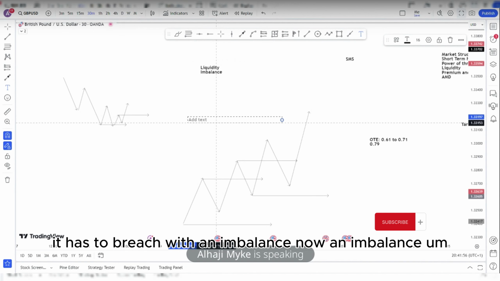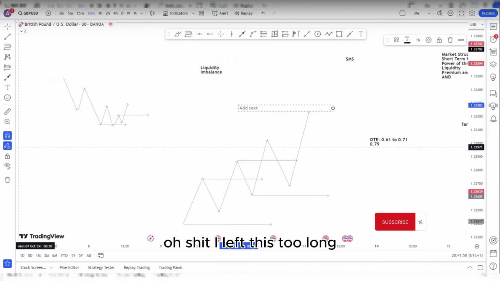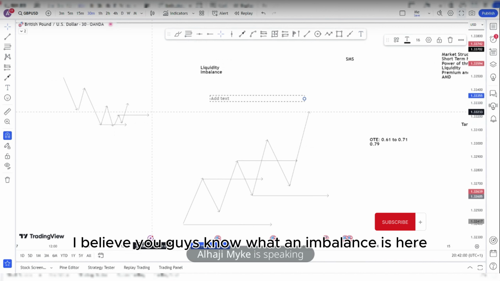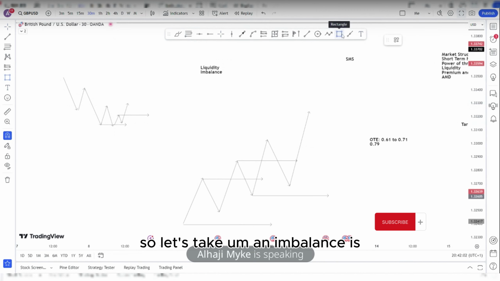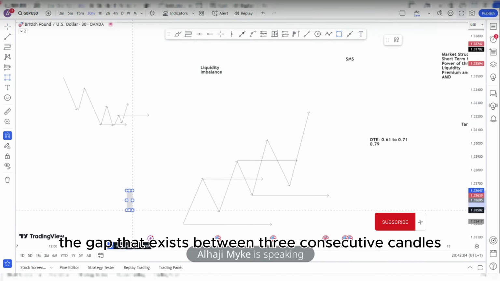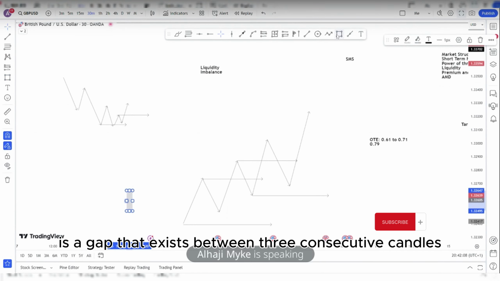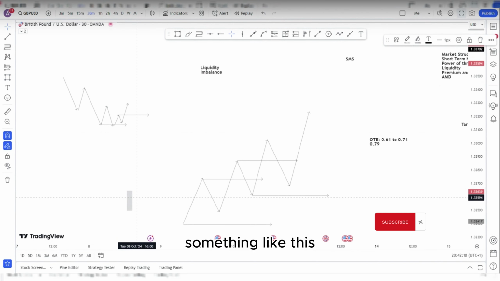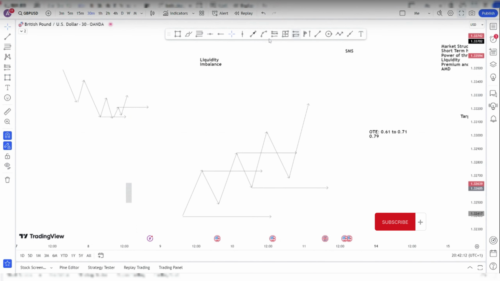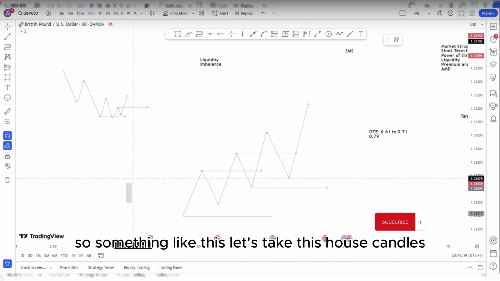Now, an imbalance, oh, I left this tool on. I believe you guys know what an imbalance is, yeah? An imbalance is the gap that exists between three consecutive candles, right? Something like this. Let's take this as candles.